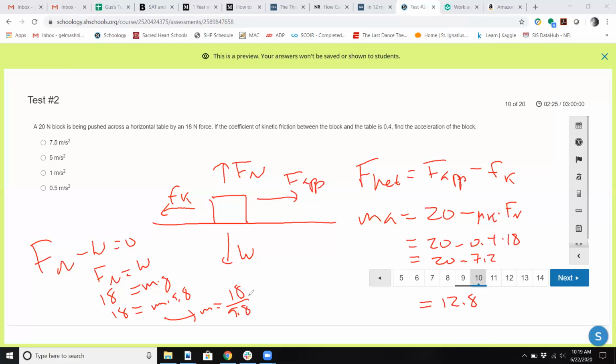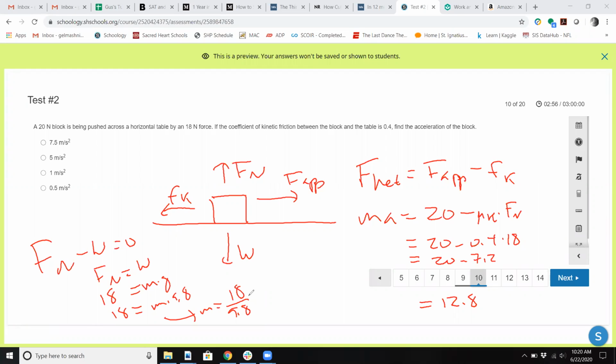Let me get the calculator. 18 divided by 9.8.